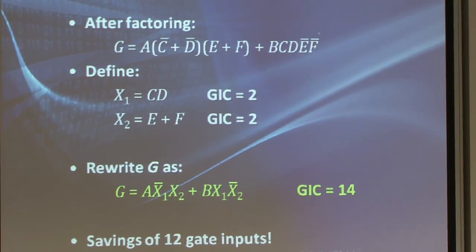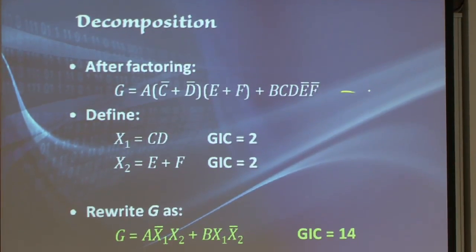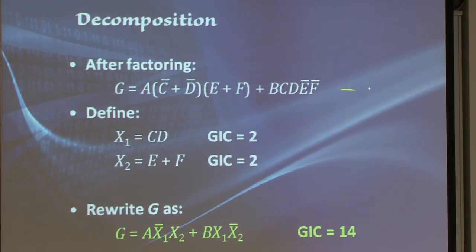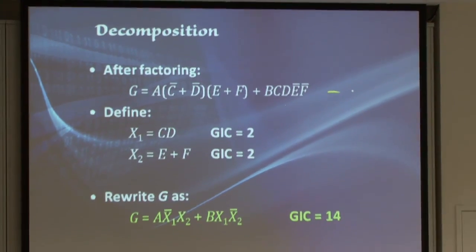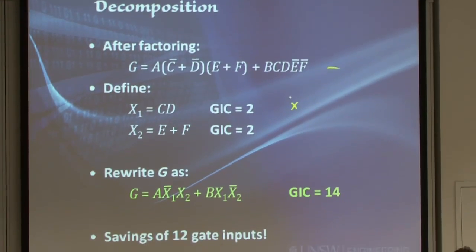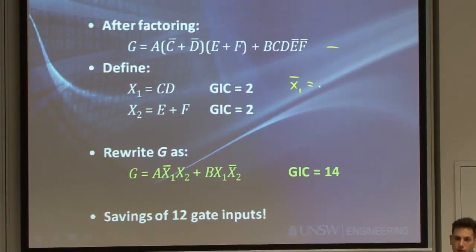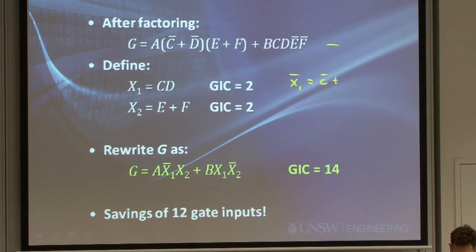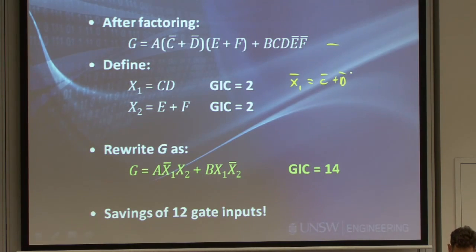This is the expression I just showed you after factoring. Now we will define two new terms, x1 and x2, where x1 will be c and d, and x2 will be e or f. Each one of those terms costs us 2 gate input costs. Now you'll see that it will be very useful to see that, using de Morgan, not x1 will be not c or not d, and not x2 will give me not e and not f.